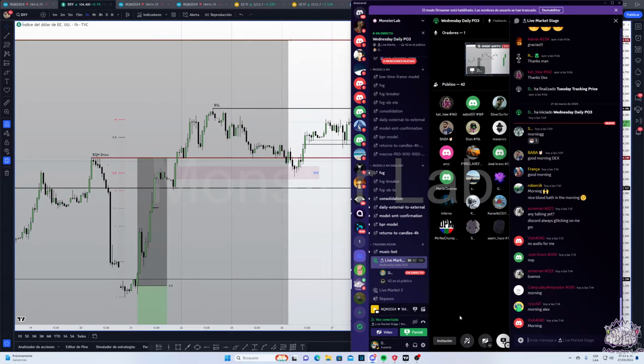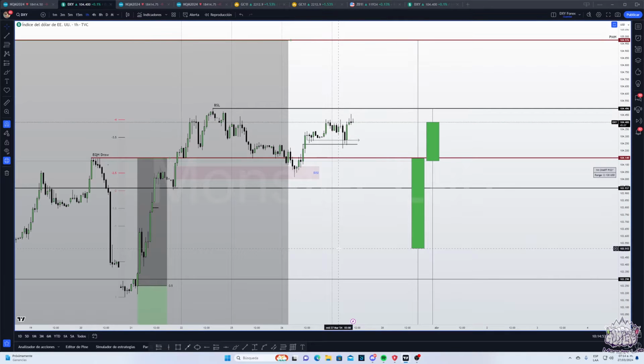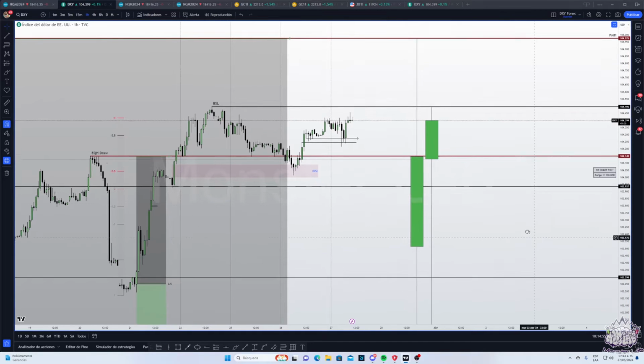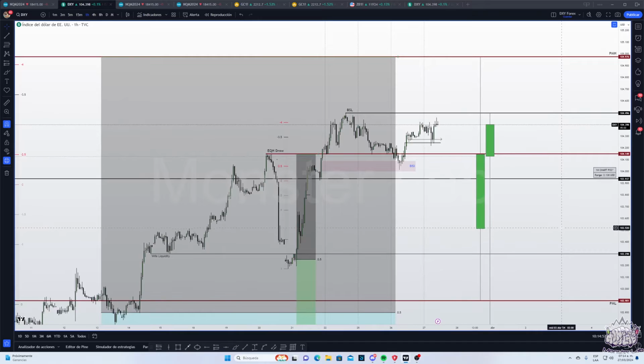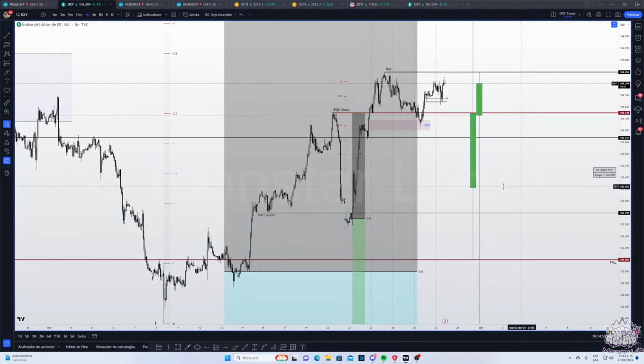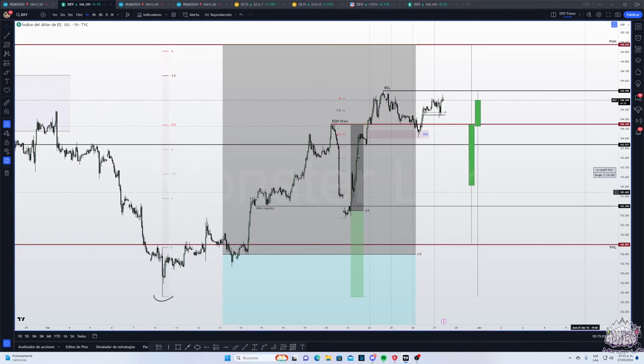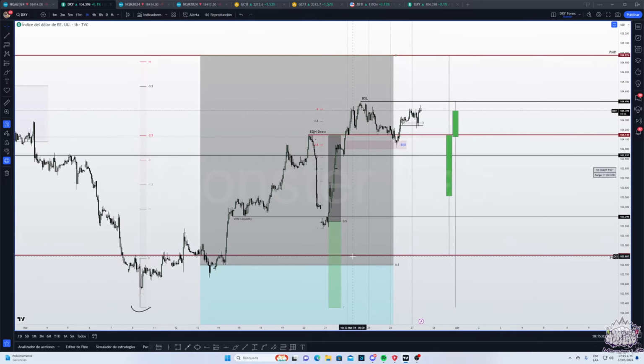Okay, it's the same ideas, monthly distributions for DXY. So DXY is moving to the previous monthly high or the 3.5 and 4 deviations.